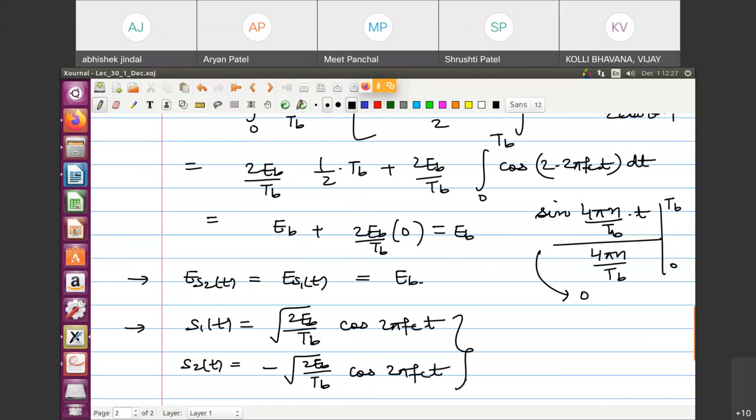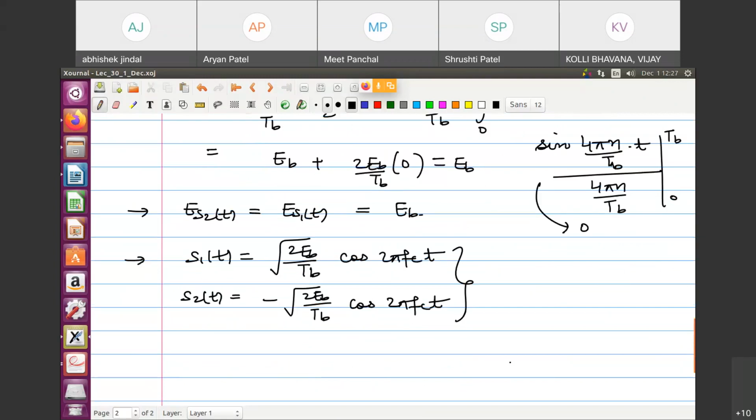There is a special term for such signals. They are called antipodal basically. The general term used for these is sinusoidal only, although it is cosine. Basically they are in quadrature: cos means sine differed by a phase of pi by 2. So cos is mostly referred to as sinusoidal as well, as a class of signals.